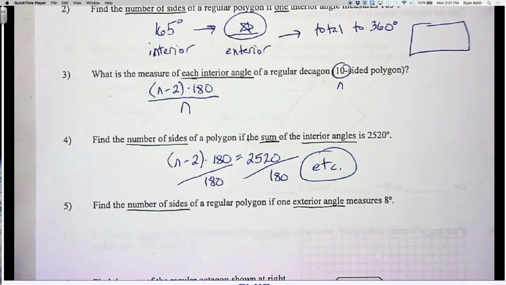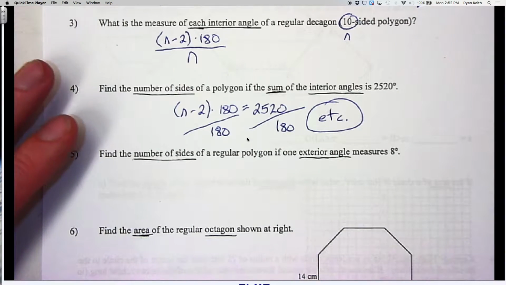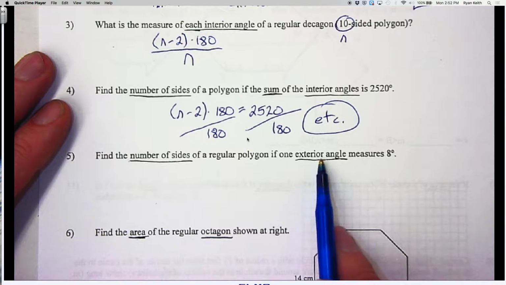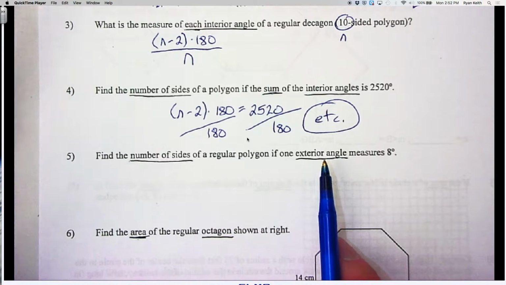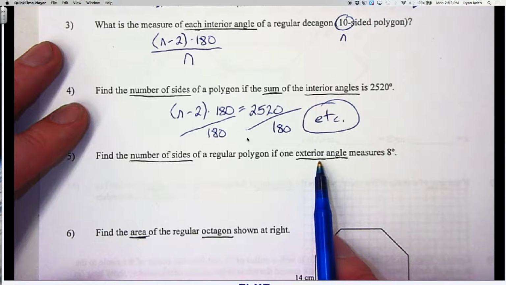Question 5. Find the number of sides of a regular polygon if one exterior angle measures 8 degrees. Well, this one connects quite a bit to exercise 2. In exercise 2, we, however, had to find the exterior angle ourselves.